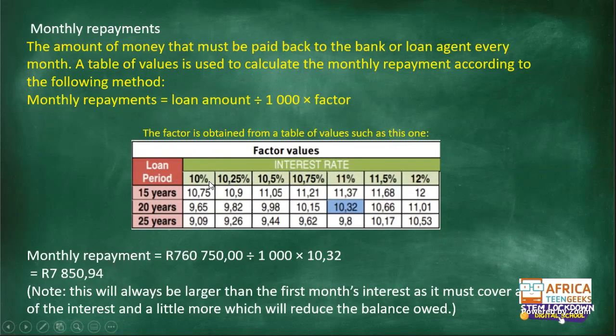Say, for instance, your interest rate can change during the course of the loan period. So if the interest rate changes, then even your factor value will change, and that will affect your monthly repayment. You have probably heard of the South African Reserve Bank increasing or decreasing the interest rates.